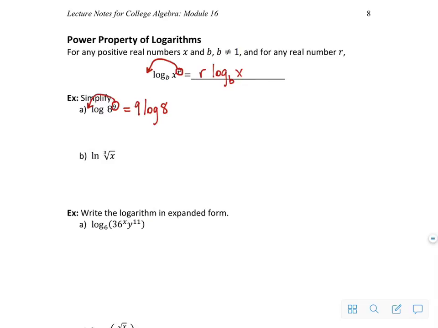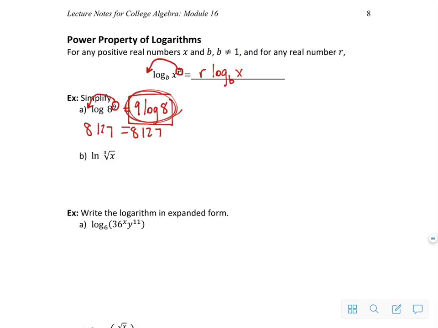I'm not going to show you on the screen, but I'm going to type it in and tell you what the answer is. 8 raised to the 9th gives me the number 8.127. And if I take 9 times log of 8, I get 8.127. So I get the same answer on either side. But this is the answer to that question.